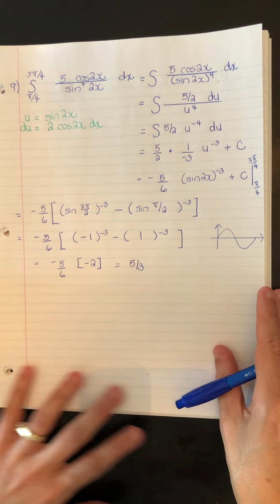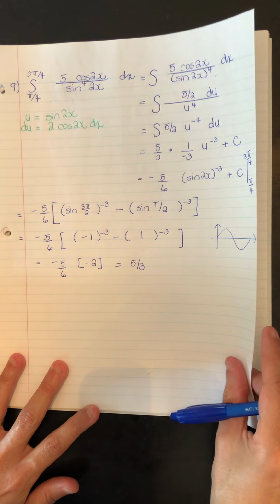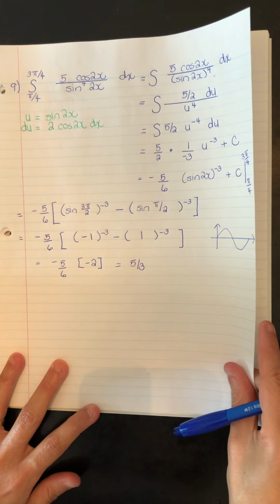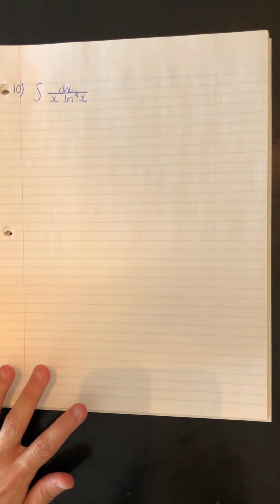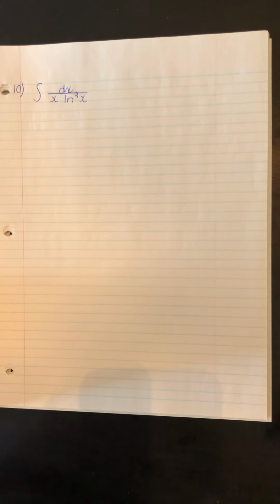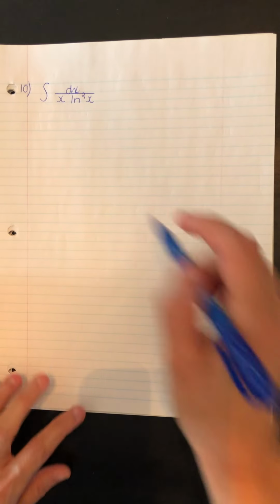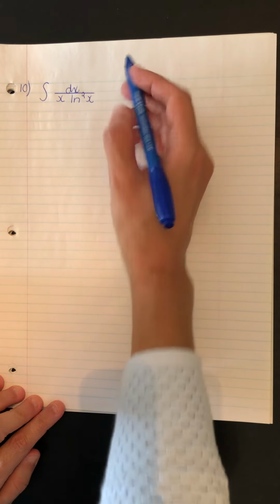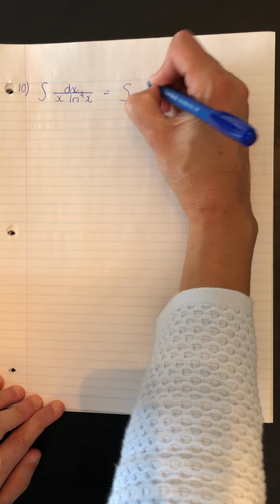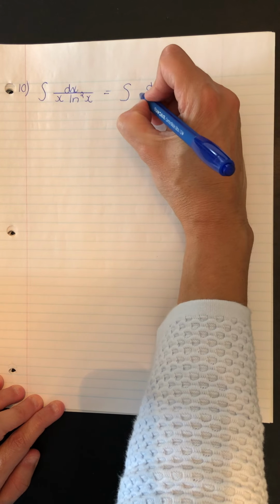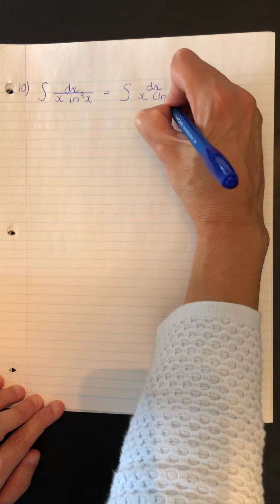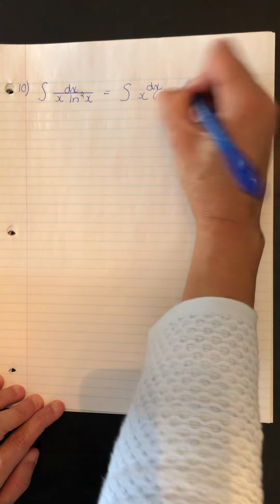Okay, one more example for today. And then you need to practice lots and lots and lots of these, okay? But here's our final example. I'm going to do this one as well. I'm going to begin by changing ln squared x to ln of x all squared, okay?